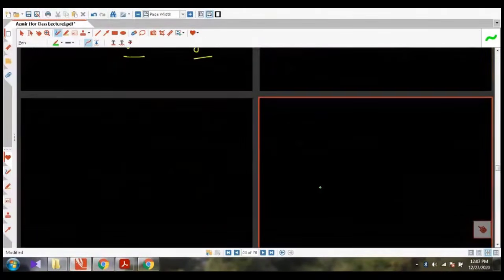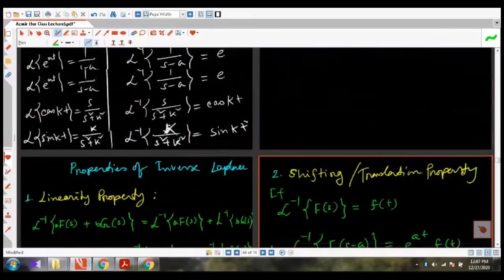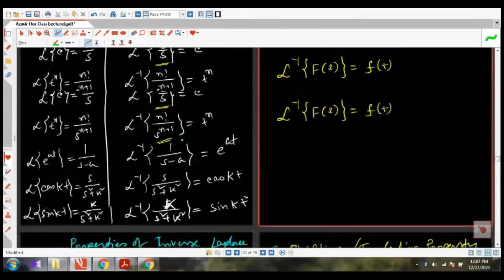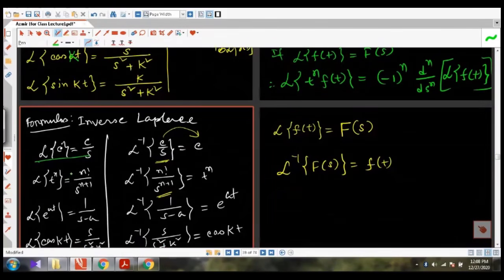So now we will understand by solving some problems. I have mentioned earlier that it is easier to solve Laplace transformation problems, but it will be quite complicated and difficult if we come from the reverse process.